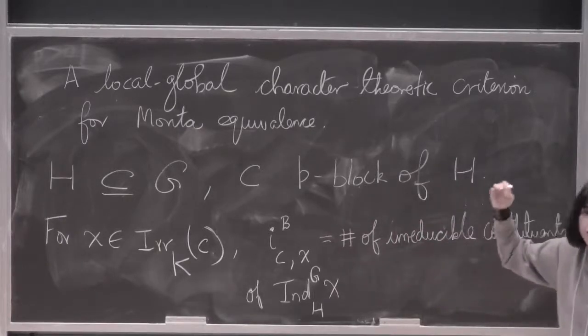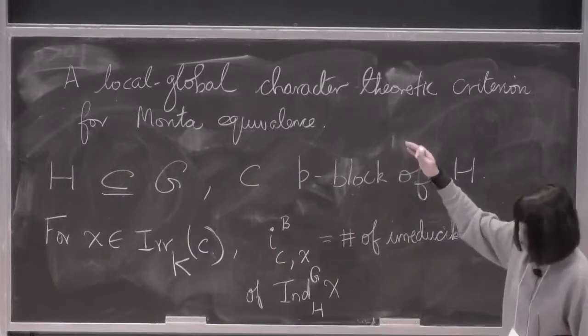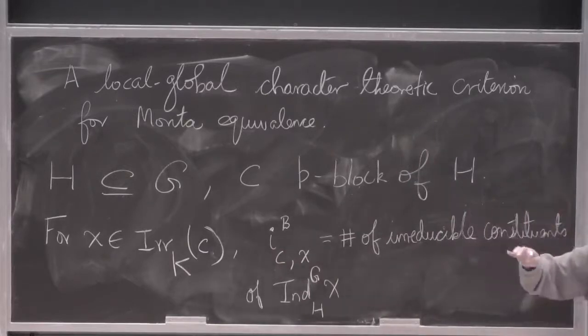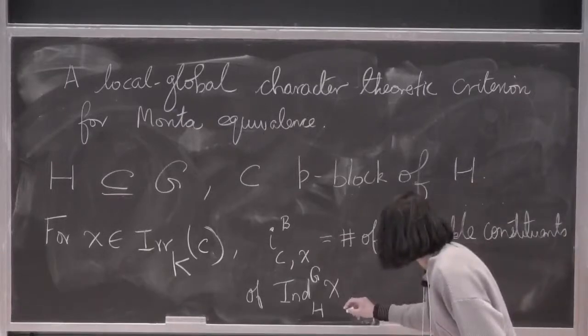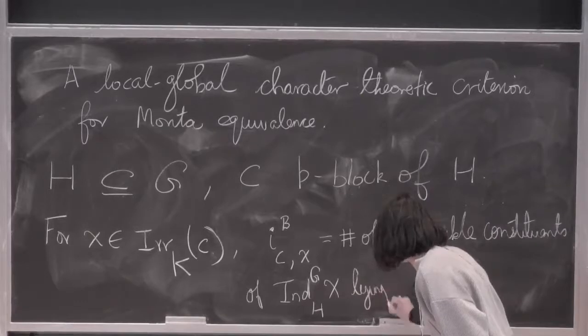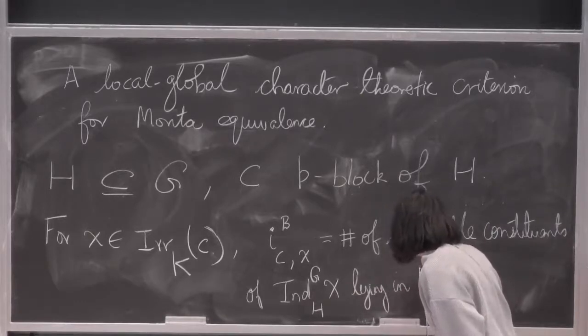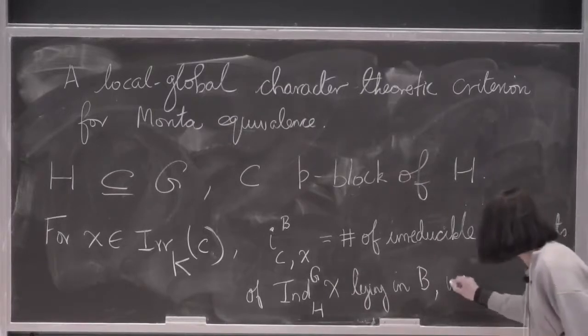So I want to go from C to B. I start from a character of C, I induce up to G, and then I throw away everything that's not in the target block B. So the induced character lying in B, and this is with multiplicities.